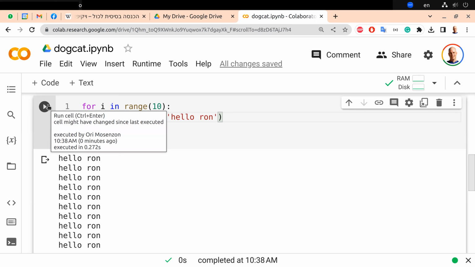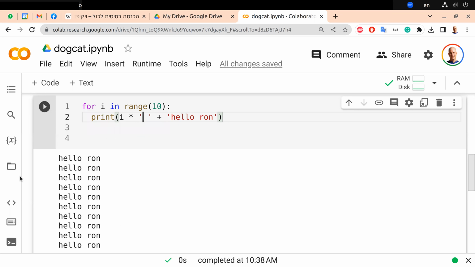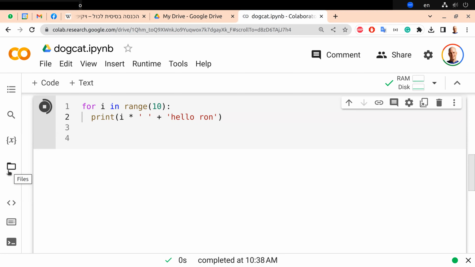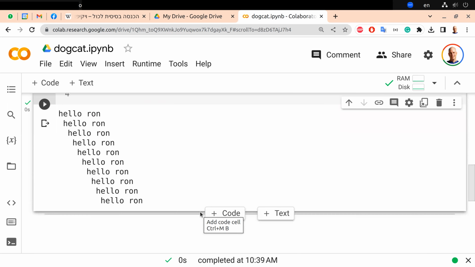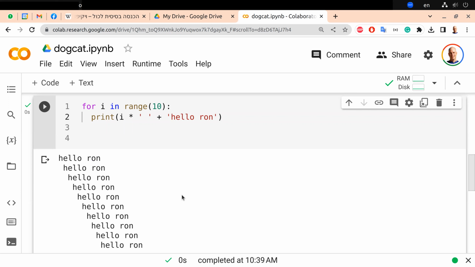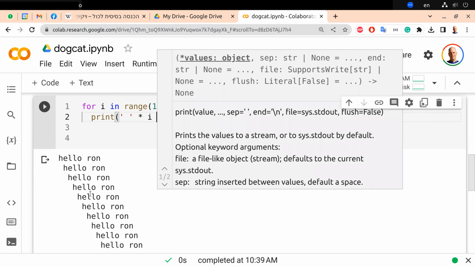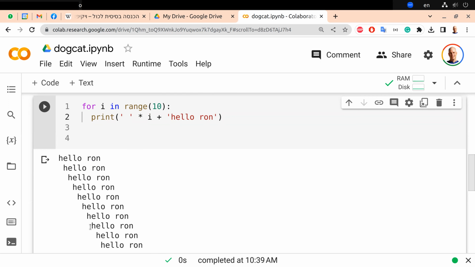Can I run it? Yes. Okay, I will run it. Why is it slanted? I just indented it. Maybe this will be clearer. I spaced it at the beginning and then wrote hello Ron.